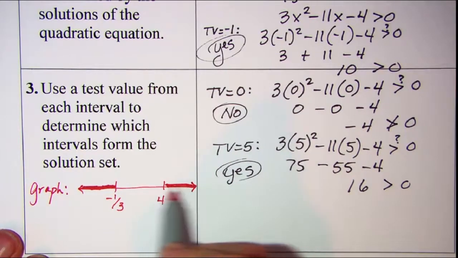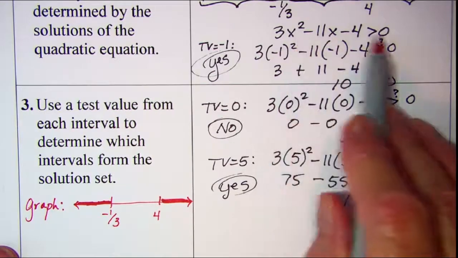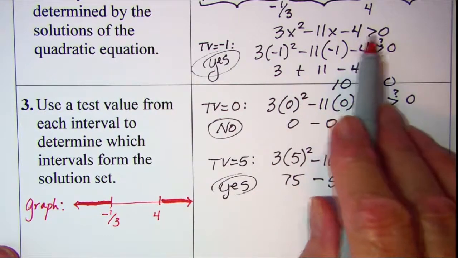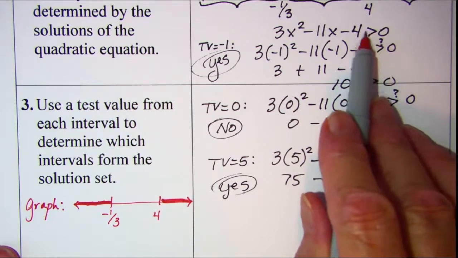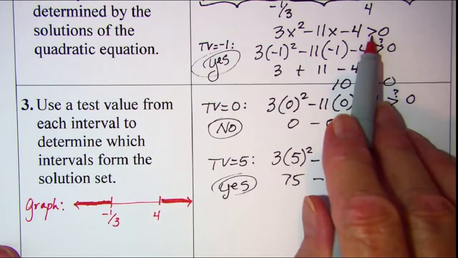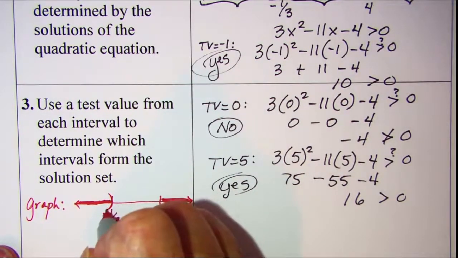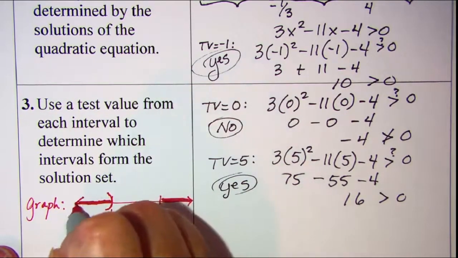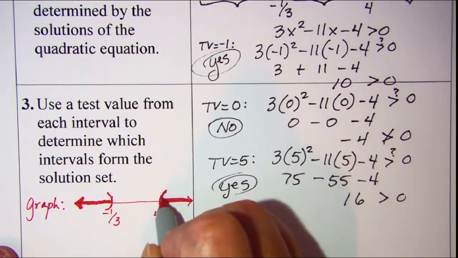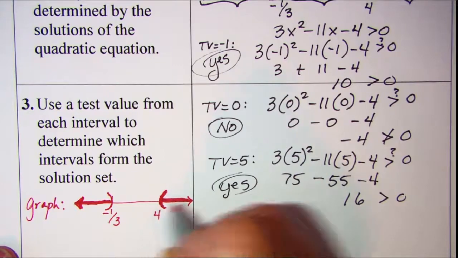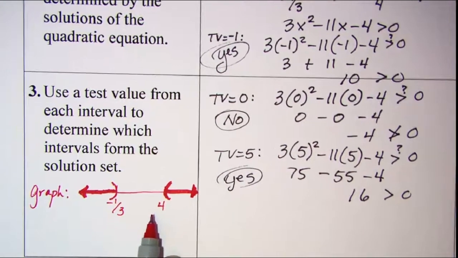That's these. Now my inequality was strictly greater than. There was not a little line under the inequality symbol. When it's strictly greater than or strictly less than, you don't include your boundaries. So my boundary points are not included in the solution, and I have to use parentheses to show that they're not included. So this is the graph.